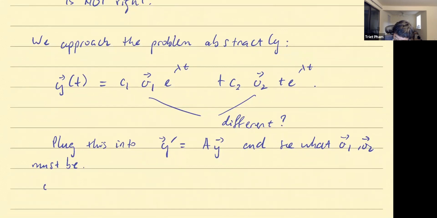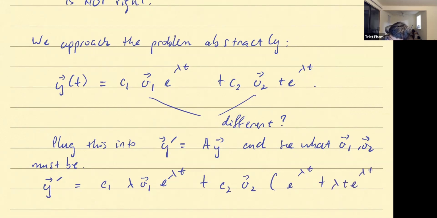So proceed. First we differentiate. Differentiating gives us c1 lambda v1 e to lambda t. c2 has t in two places. So it must be c2 v2, and if you differentiate t, then you get e to lambda t. If you differentiate e to lambda t, you get lambda t e to lambda t.